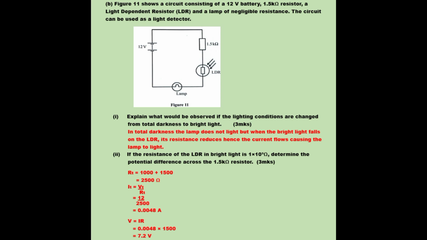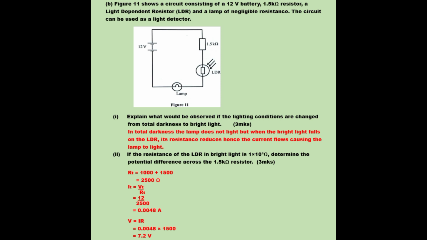So we first get the total current. Total current is given by V over R, where V is the total voltage divided by total resistance. We know total resistance is 2500 ohm. That means total current will be 12 volts divided by 2500 ohm, which gives you 0.0048 ampere.